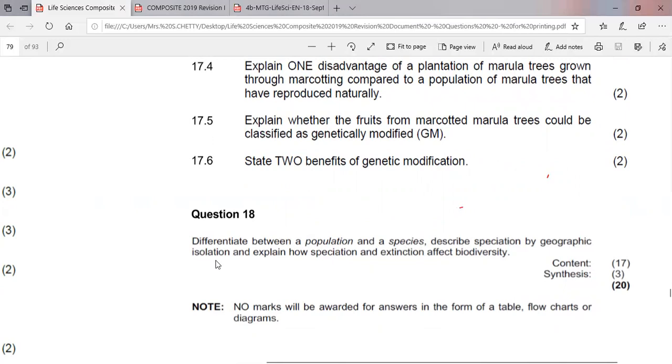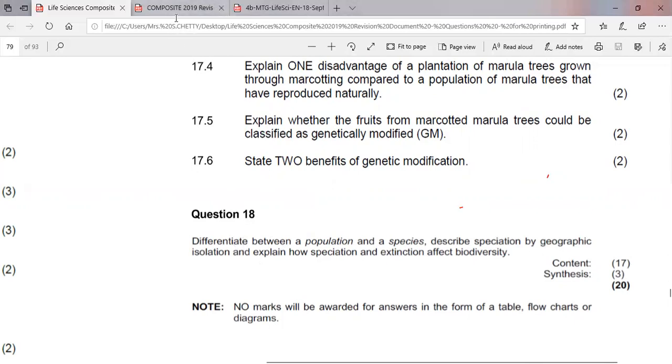You got that as well because we learned it's a general one. Explain how speciation and extinction affect biodiversity. Speciation is the production of new species, so it will improve biodiversity or increase it. Extinction, killing of a species completely, will decrease biodiversity. But we don't know how marks are given here, so write as much as possible.